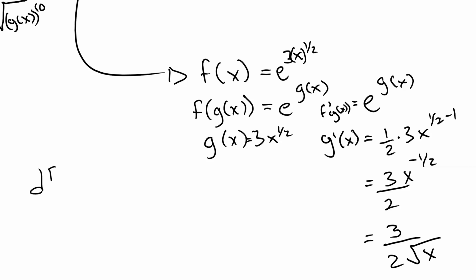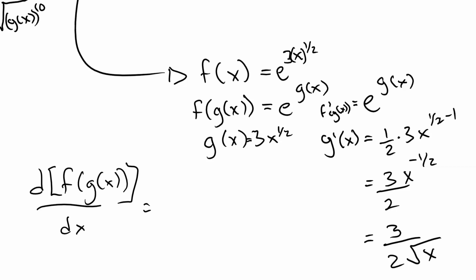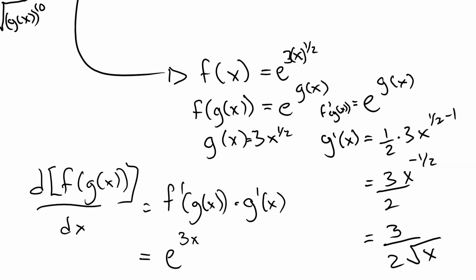Overall derivative of the composite function. It's the derivative of the outside with the inside remaining the same, times the derivative of the inside, which is going to be e to the g of x, which was that 3x to the 3 square root x, times 3 over 2 square root x.